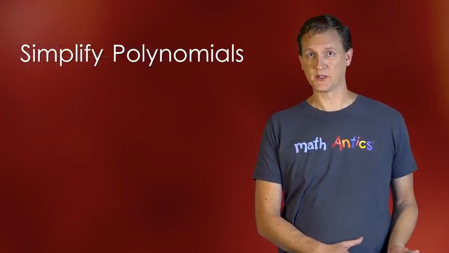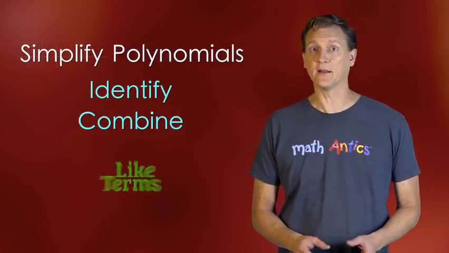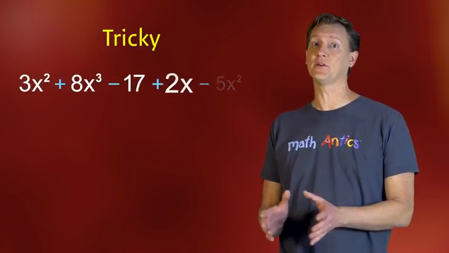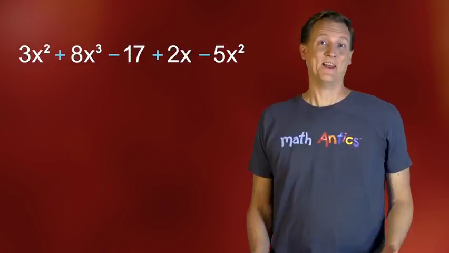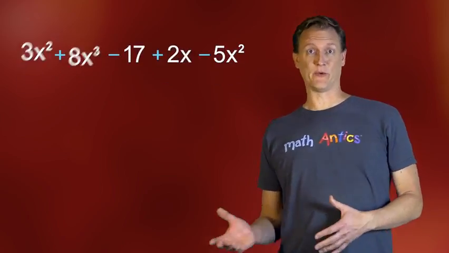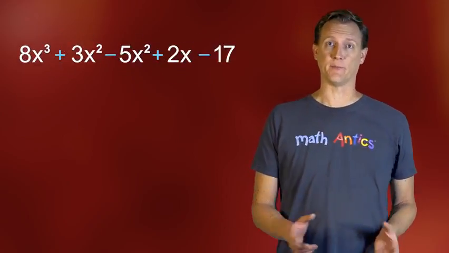All right, so now you know how to simplify polynomials by identifying and combining like terms. It can sometimes be a little tricky since complicated polynomials may have many different terms that are not necessarily in order by their degree. That means you may need to do some rearranging as you look for terms that you can combine.